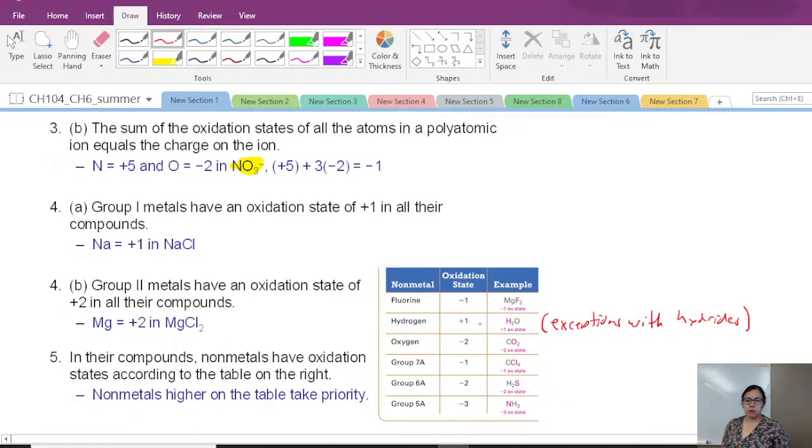And then this is really important: oxygen is usually -2. This is why we base a lot of our oxidation states off of oxygen. And again, the only exception is when it's O2, such as in a peroxide.